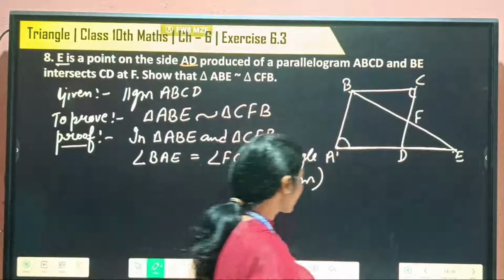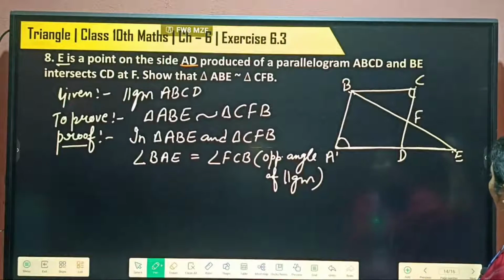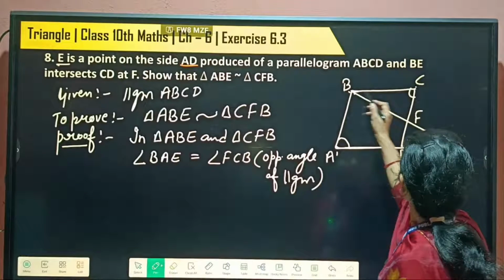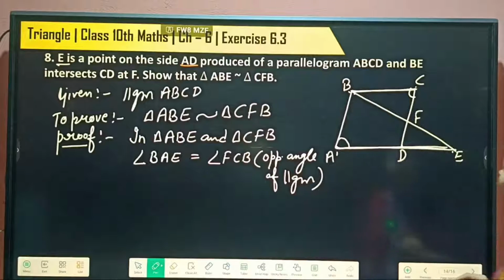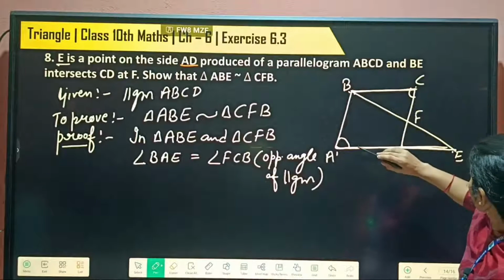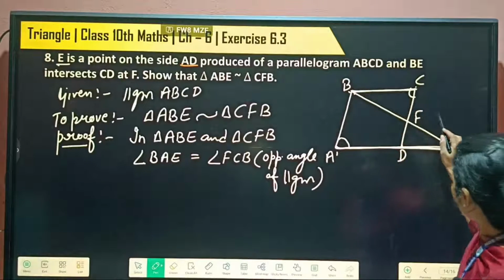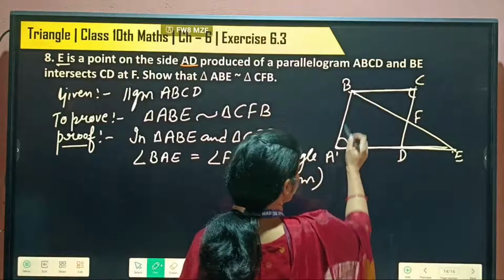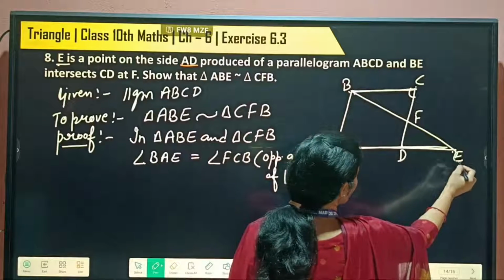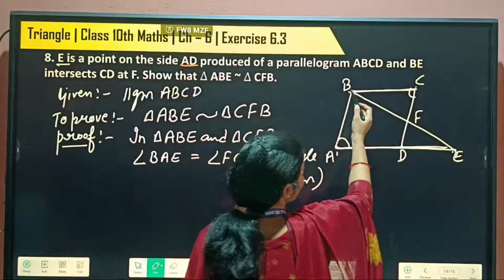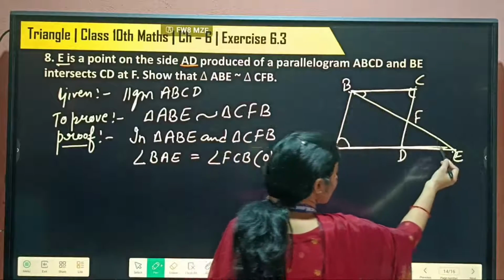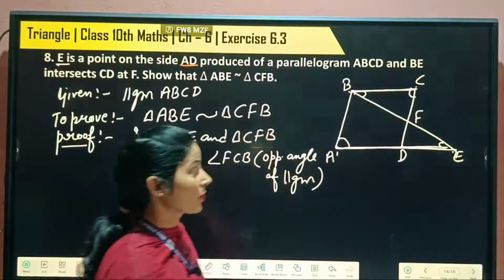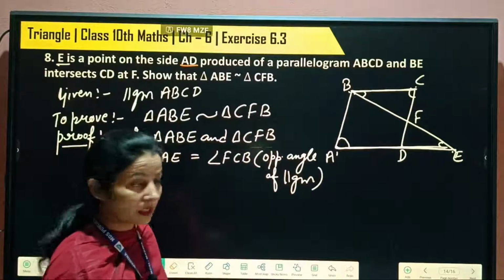Now let us find out the next thing, how these can be equal. If you see, this BC is parallel to AD. In this triangle ABE and this triangle CFB, this angle B is equal to angle E. Why?